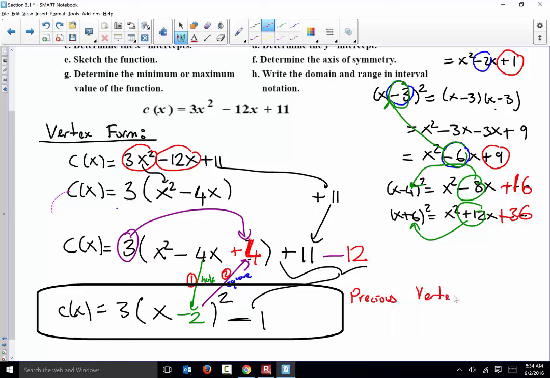Vertex form. Why is it so precious for us? Because we are going to get the remaining parts the question requires all from this equation. That's so precious for us. Got it?